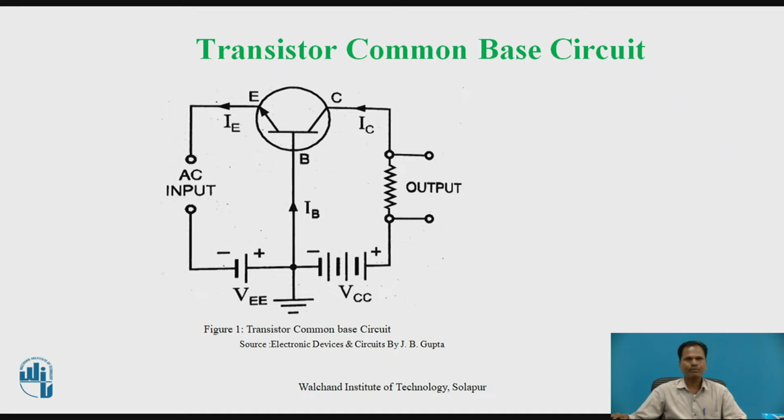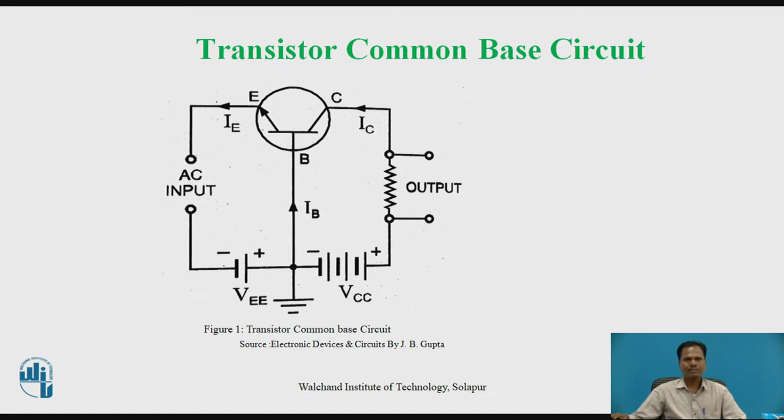We are going to obtain the voltage current characteristic of the transistor in common base circuit configuration. Consider the NPN transistor. In addition to the biasing DC voltages, to bias the emitter base junction, the external DC voltage VEE is connected.